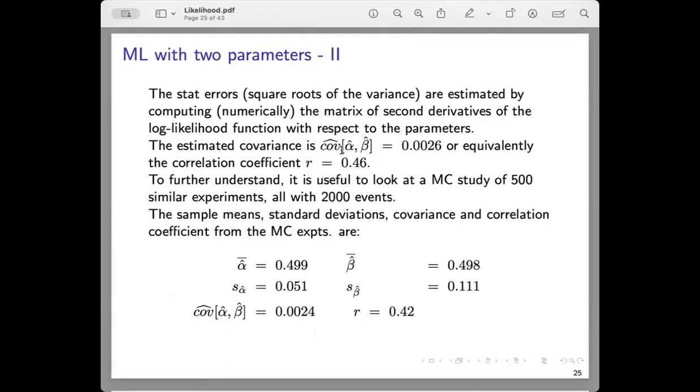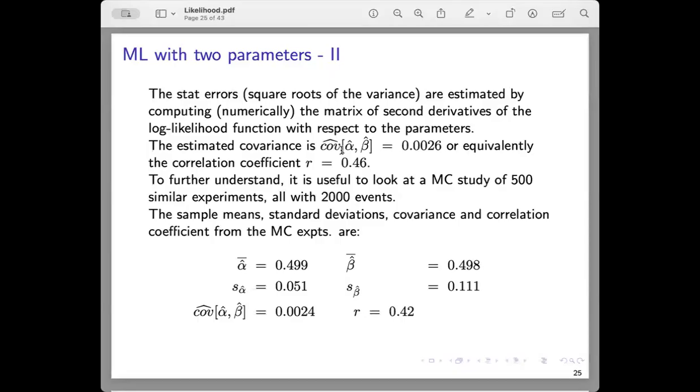Now you can also perform the estimation of these errors by using a Monte Carlo study. Okay, as we discussed earlier, one of the methods to estimate the uncertainty is using a Monte Carlo study. So once you get the results of the fit, you can generate Monte Carlo data sets.